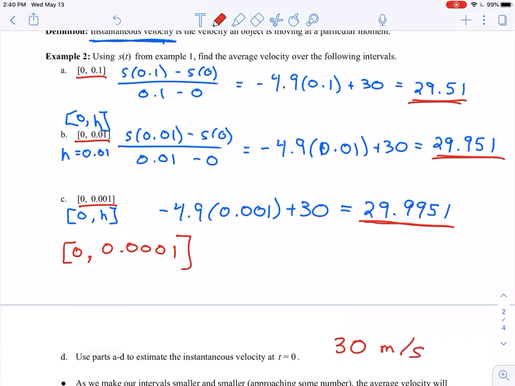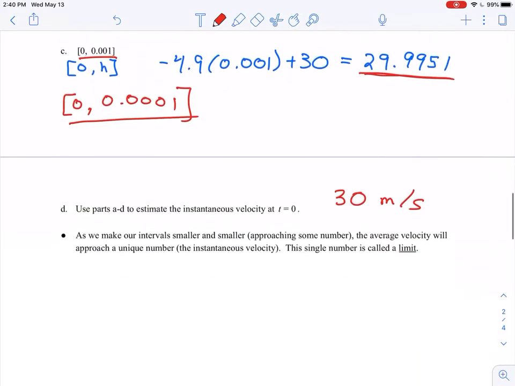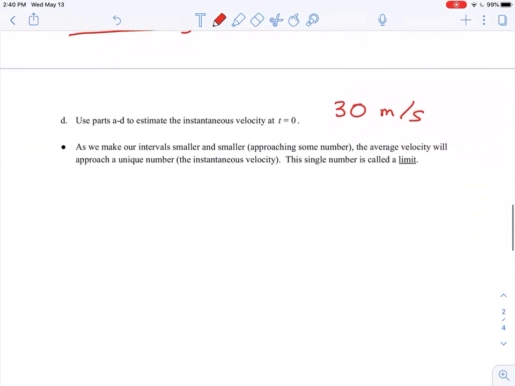And if you're not sure, maybe you need to try another interval. Maybe you try 0.0001 just to convince yourself. You can add as many zeros as you want, just to see that you're going to keep getting closer and closer to 30. So this thing I want to talk about here says, as we make our intervals smaller and smaller, approaching some number, so we're getting closer and closer to 0 here, the average velocity will approach a unique number, which is called the instantaneous velocity.